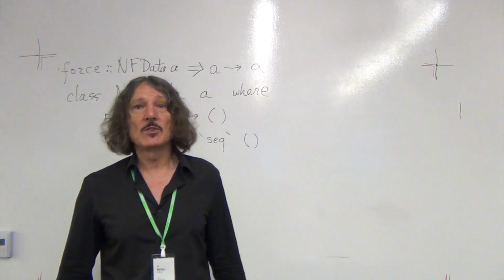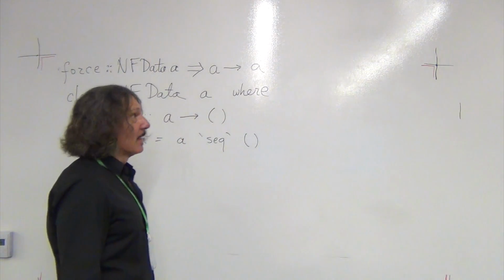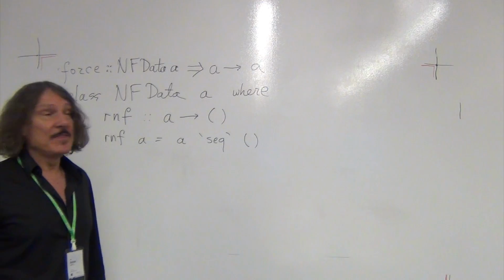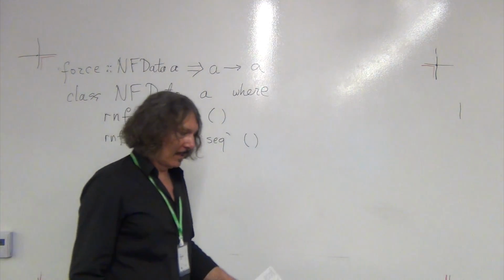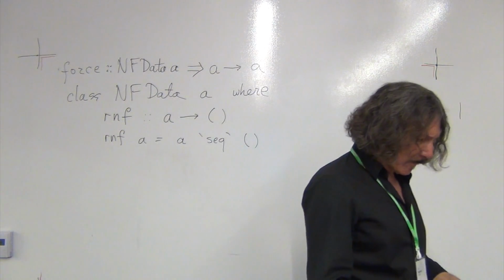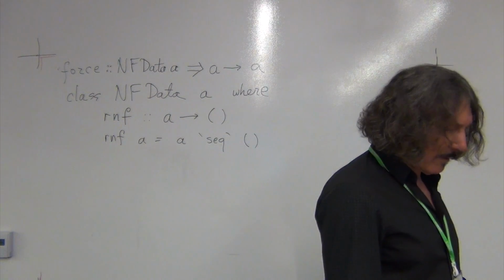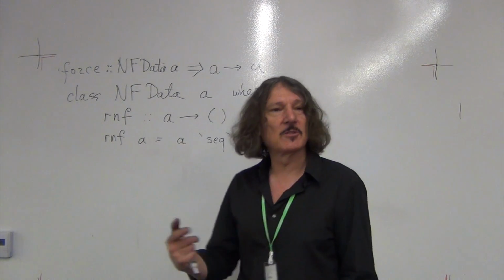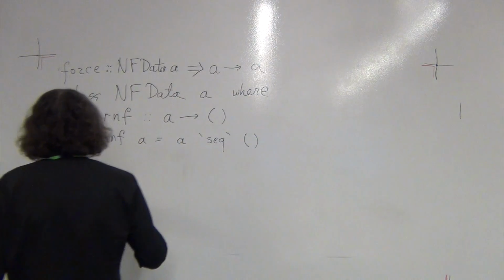Now, if you want to make your own data structure into NFData, then you have to provide your own implementation of rnf. And here we have an example. Let's say we have this tree that I showed you before, right? So is Tree an NFData?